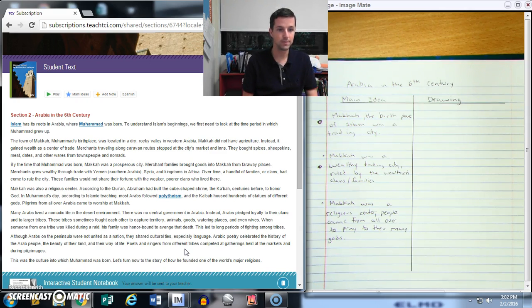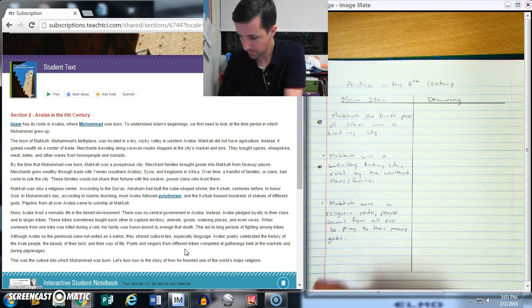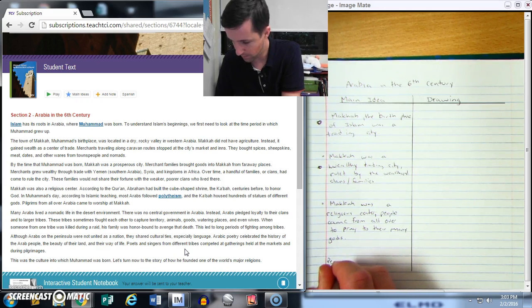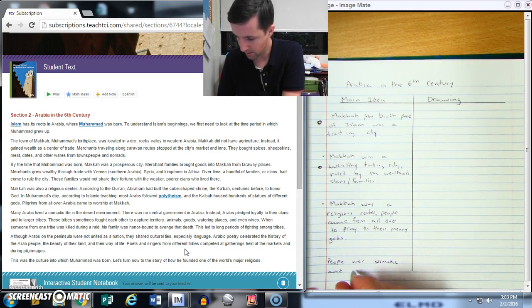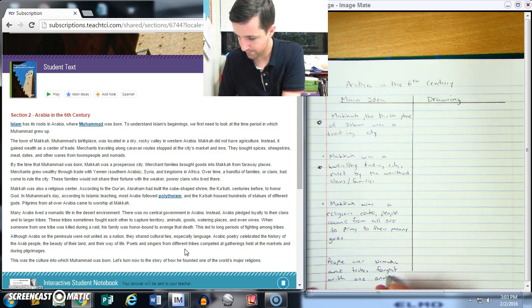So here this paragraph is about how people were nomadic and that there was fighting for basic goods. People were nomadic and tribes fought with one another over land and resources.